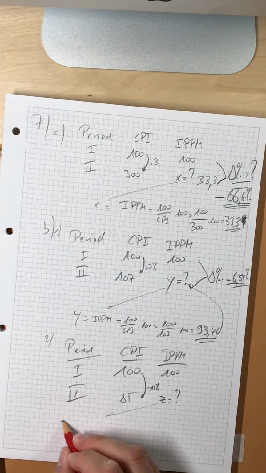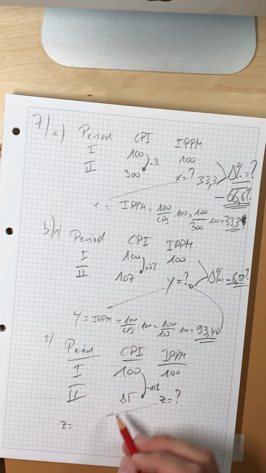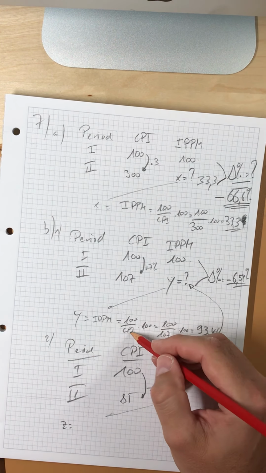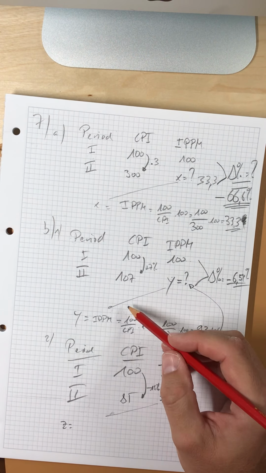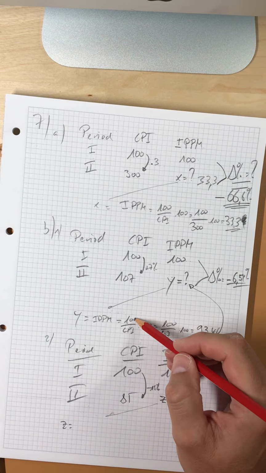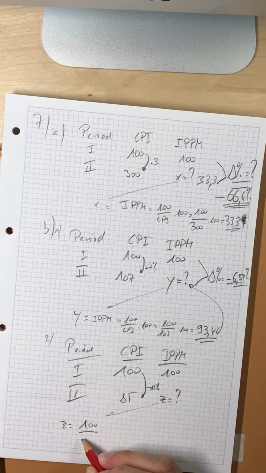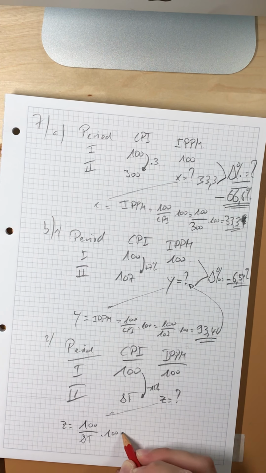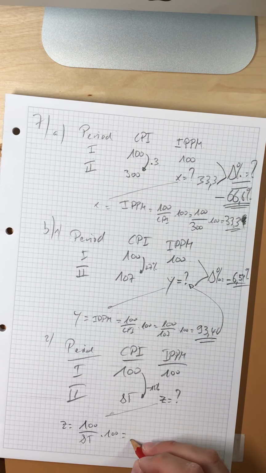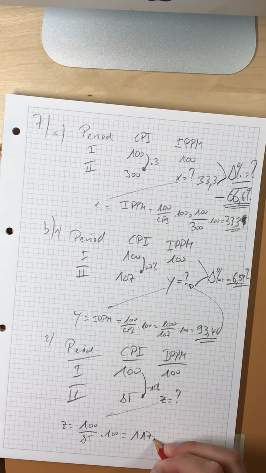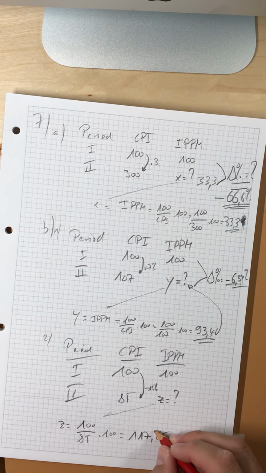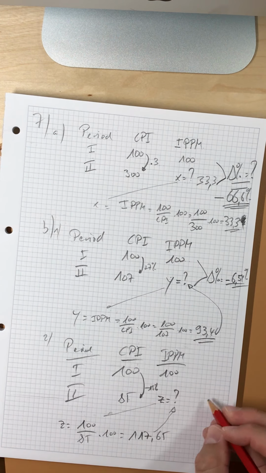So IPPM is equal to 100 over CPI times 100, so 100 over CPI 85 times 100, and you will have 117.65. This is the value here.